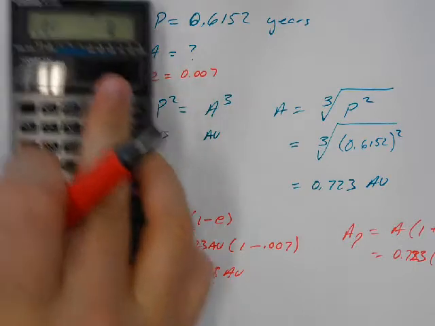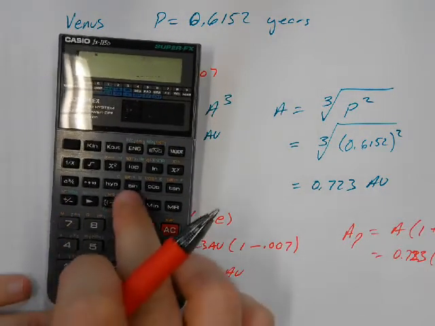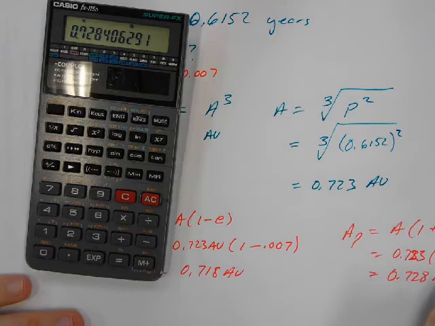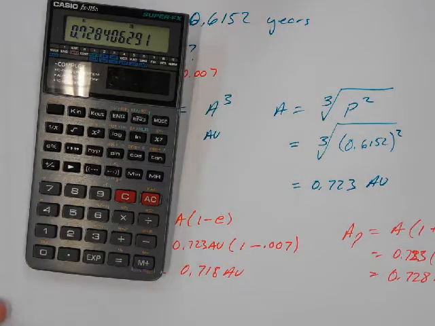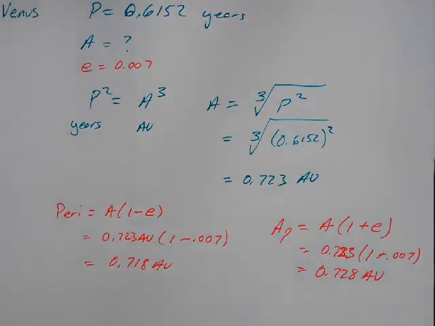So we'll calculate that, 1 plus 0.007, and we get 0.728 AU. Okay, there we go. That's all in the picture now. So those are the kinds of calculations you might be expected to do.